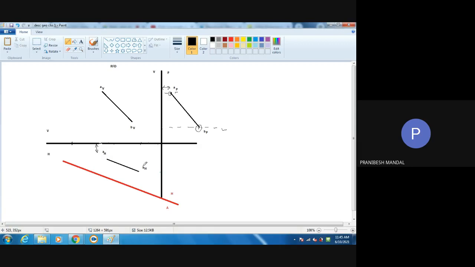Just follow, how did you find out the profile projection? You will find out the projection in the A plane the same way. What happened in case of profile projection? You actually projected this AV and BV towards the profile plane, isn't it? Yes, sir.